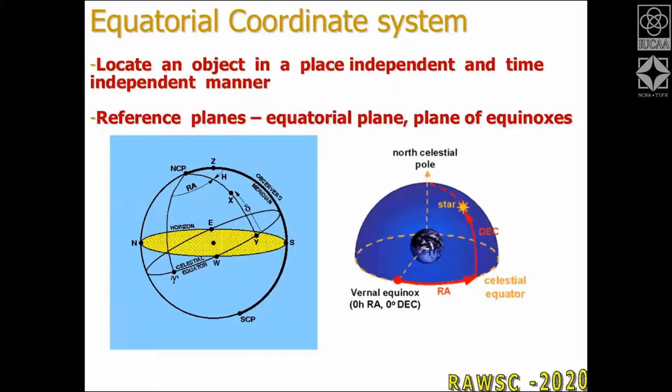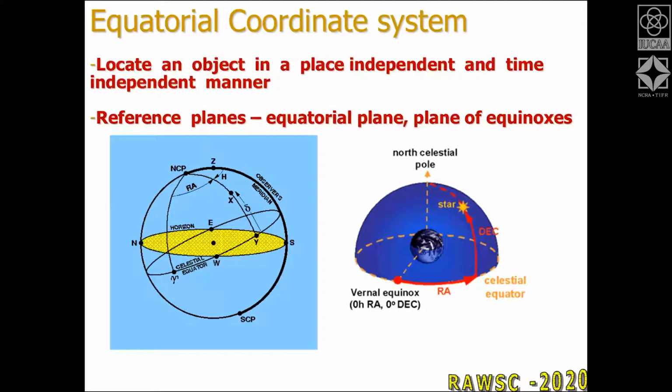Okay, so on 21st of March, where will the 0 right ascension star be? It would be at 0 RA 0 dec. No, but how do you define 0 RA 0 dec?